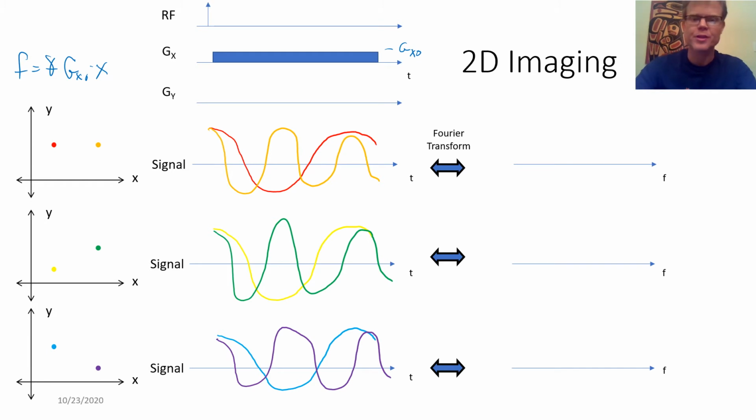But if we took the Fourier transform of this, we get the same looking spectrum, which in our case is going to be the same looking object for our image, no matter which of these three possible objects could have actually been in the magnet.